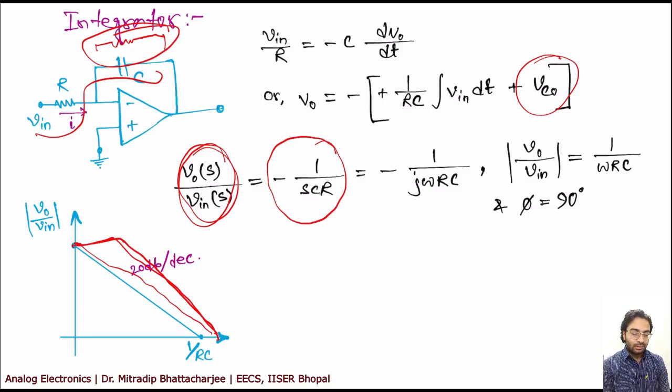If you combine both integrator and differentiator, you can make different kinds of filters. So we will use this type of circuits in the next topic when we start filters, and then we will explain in detail. So you have to be very careful about where you want your cutoff frequency to be, because this is very important in the case of filters.